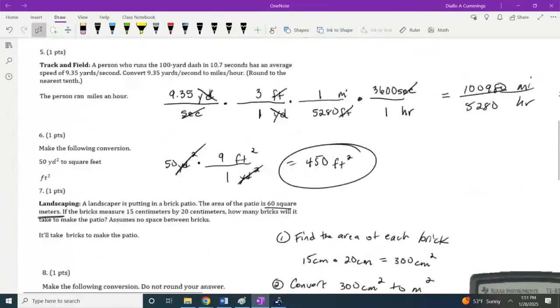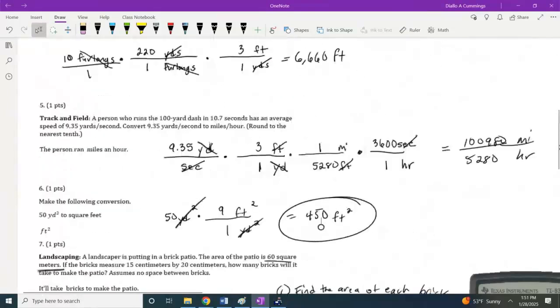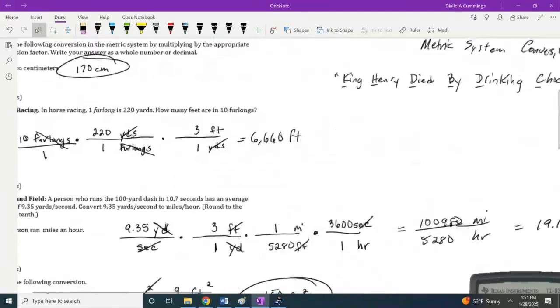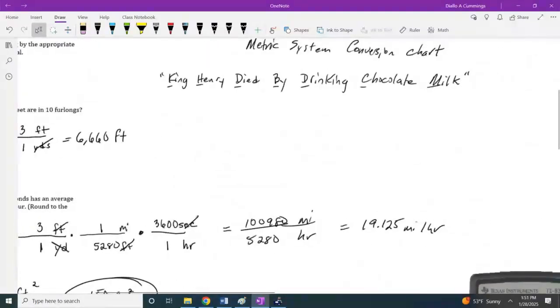Let's see. So we have 673 milliliters. So if I go back to my chart, 673 milliliters would be here. We want to convert milliliters to liters. So that means we have to move the decimal 1, 2, 3 places, right?